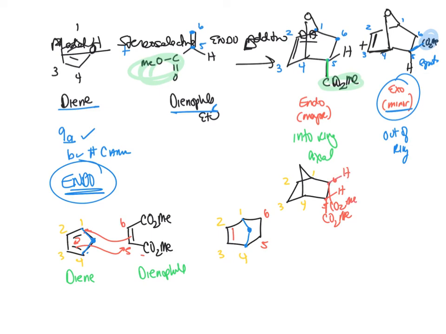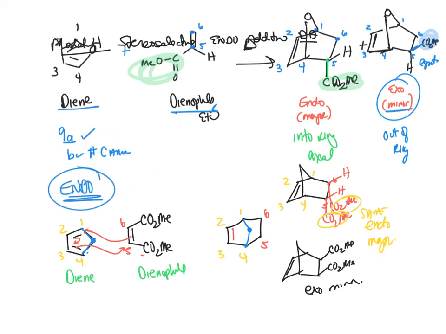Okay, so you see both of these esters are on the same side and they're endo. And that's going to be your major product. And you know I'm going to ask for the major product. Your minor product here would be the exo product. Don't forget your double bond between 2 and 3. This would be minor.